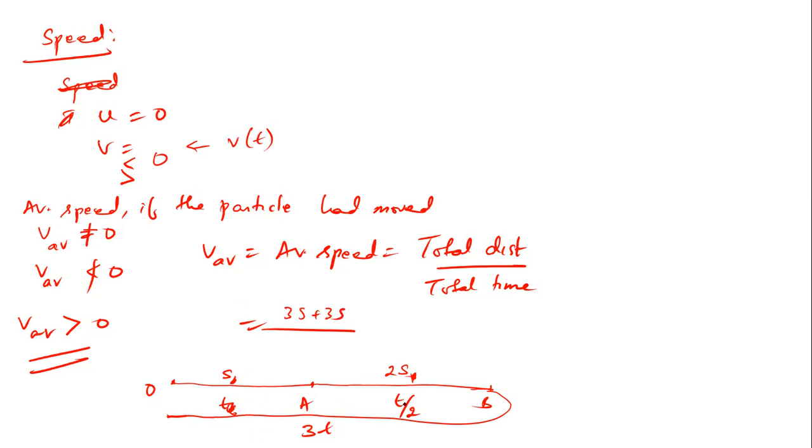Total time here is T plus T by 2, 3T by 2, plus 3T by 2 again on the return, which gives the total time, and the average speed works out to 4S by 3T. So this is my average speed here. Thus the average speed is not equal to 0. Even though the particle returns to its original position, you have to use only this formula.